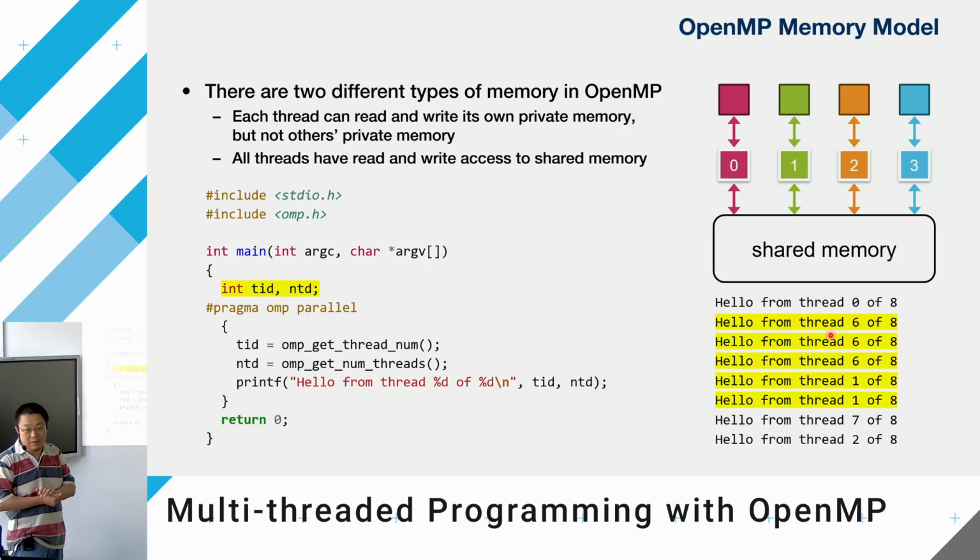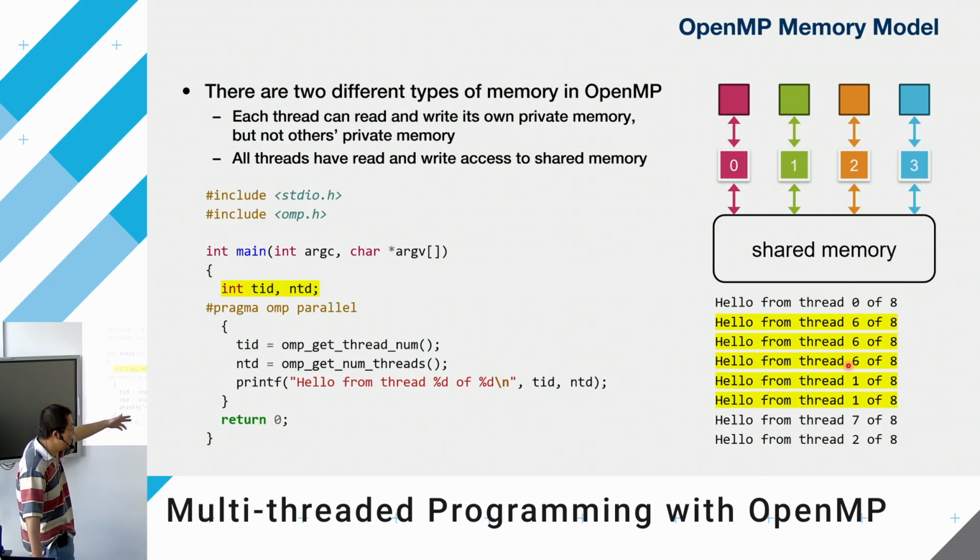It's not because thread 3 or thread 4 does not exist. It's because those thread IDs are in shared memory. The other threads overwrite the thread ID of, for example, thread 2 or thread 4. That is why they are not printed out.